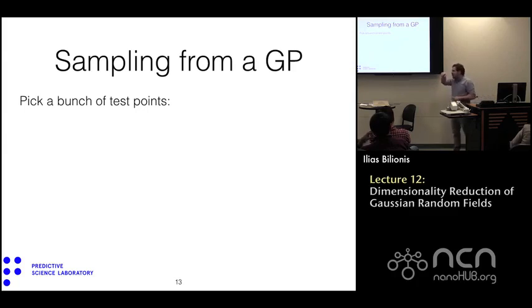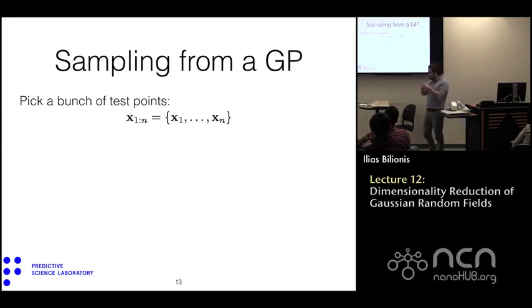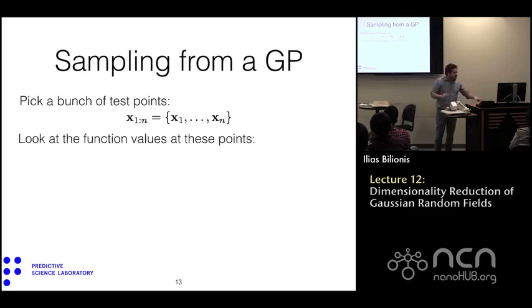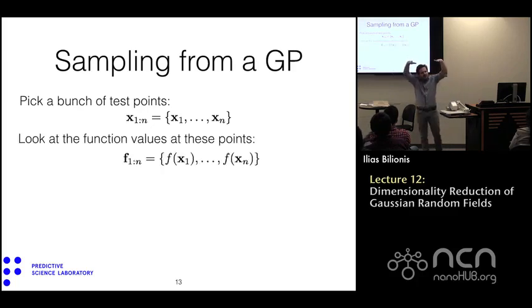So let's worry about sampling the Gaussian process. To sample the Gaussian process, what we have learned so far is that you should really just pick a bunch of points on the input domain of the Gaussian process, any points you like, and then you look at the values of the Gaussian process on these points.